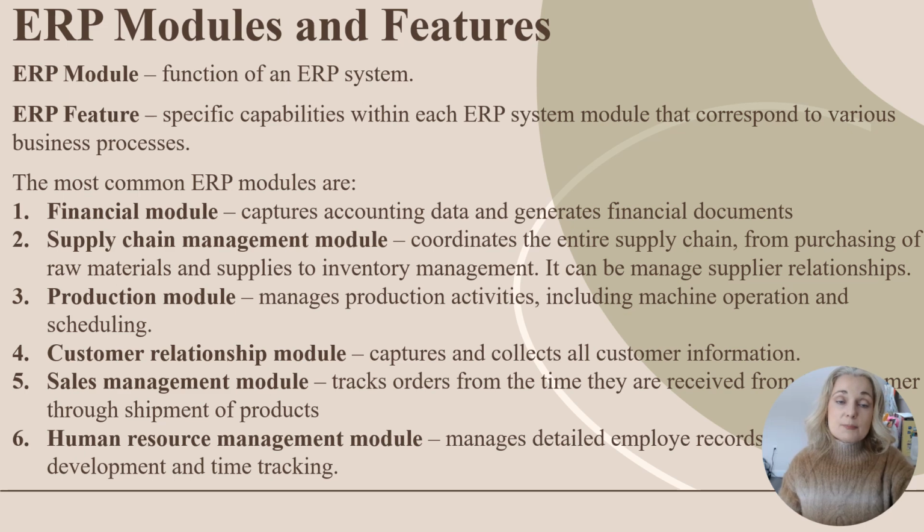And an ERP feature is something that corresponds to the business process, and it has specific capabilities within the system's module. The most common ERP modules that you will see are a financial module, which is something that you as an accountant will be working with.